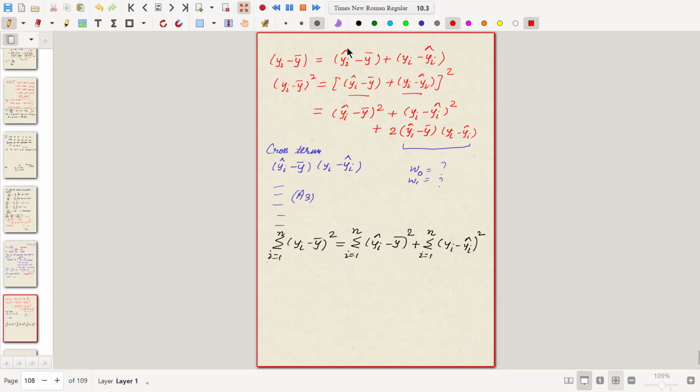This quantity is important because this quantity is termed SST, this quantity is referred to as SSR, and this quantity is SSRES. What are the meanings? SSR is known as sum of squares regression, from a regression concept.